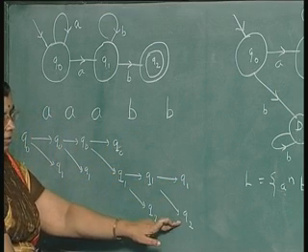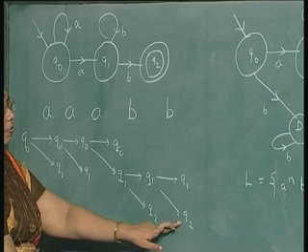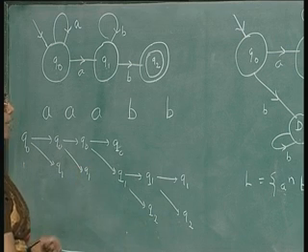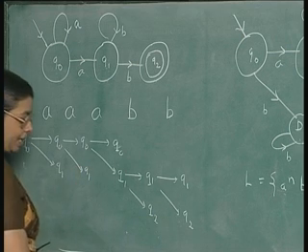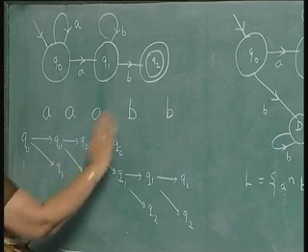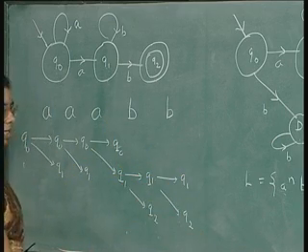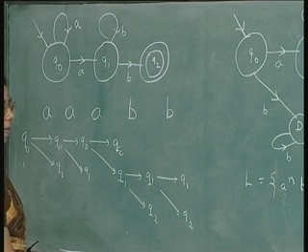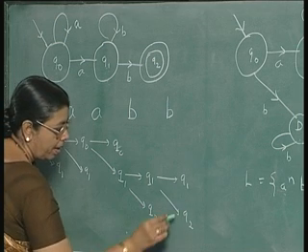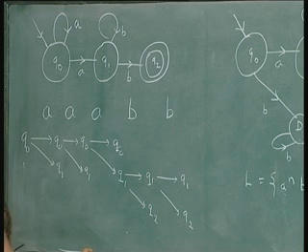But one of the states, Q2, is a final state. So, this string will be accepted by the machine. So, after reading the whole string, there are a number of possibilities for the machine to be in, and if one of them is a final state, the string will be accepted.